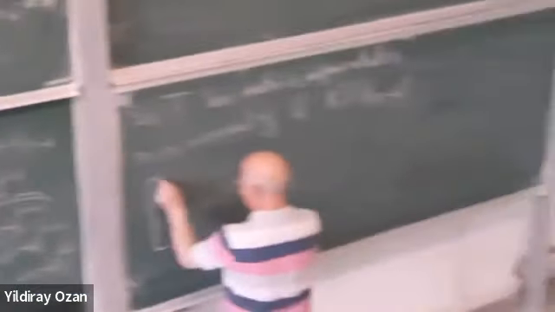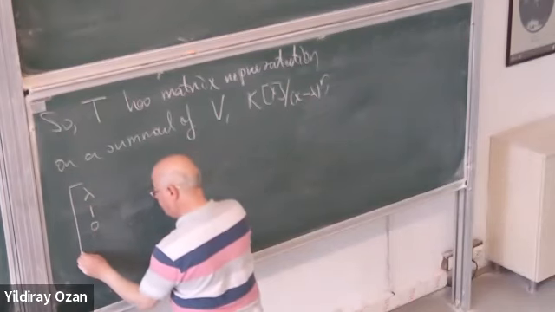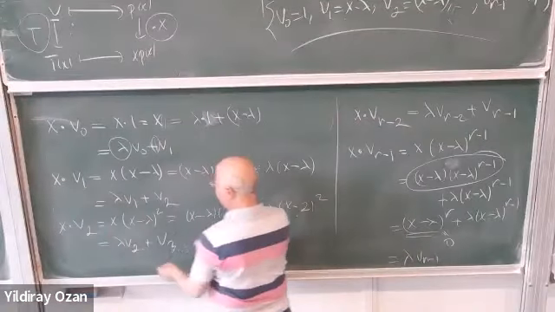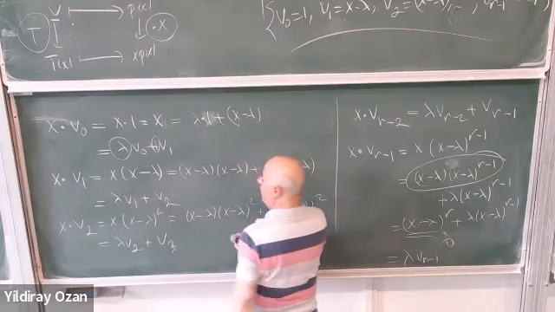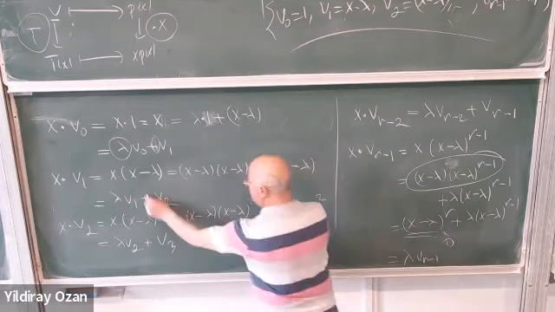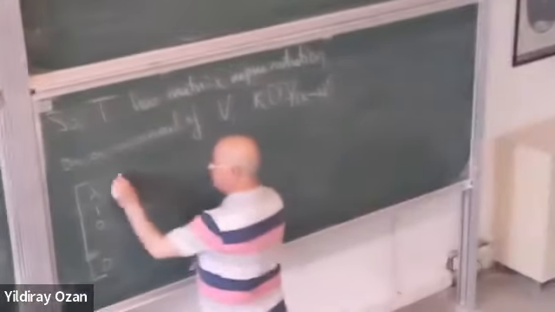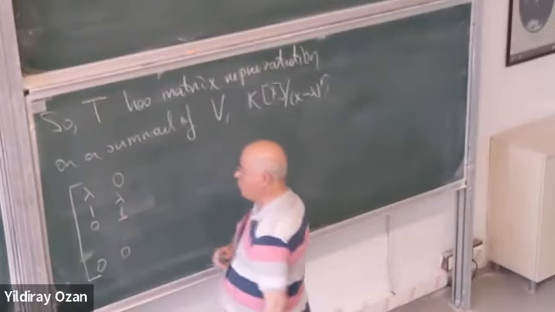As a column, my first column: lambda, 1, and then 0, 0, 0. And then the second vector is mapped to lambda times v1 and then 1 times v2. So it is this one: 0, lambda, 1, 0, 0.